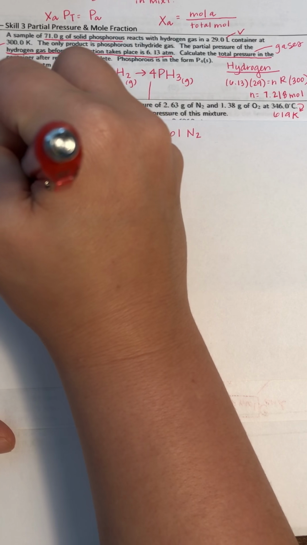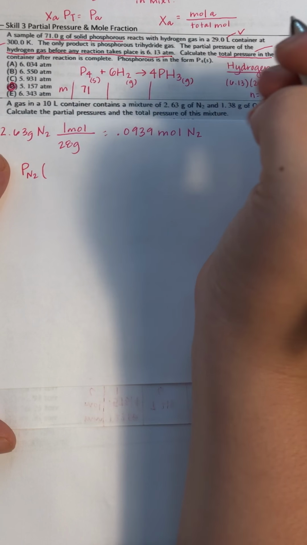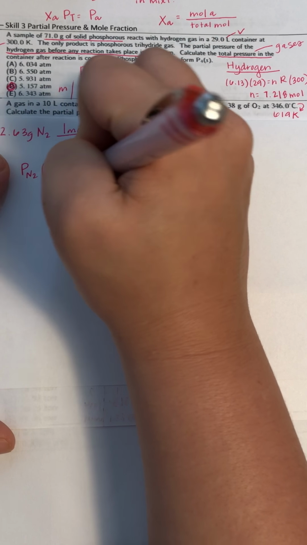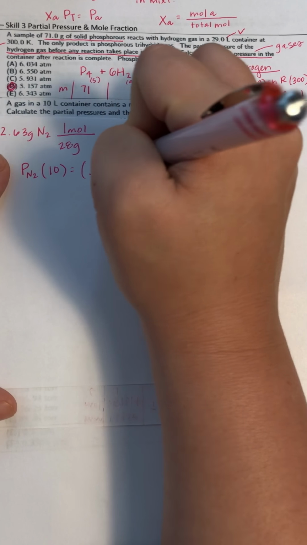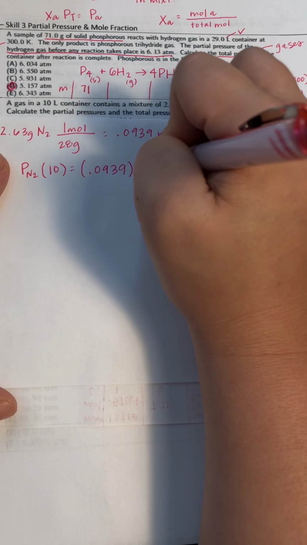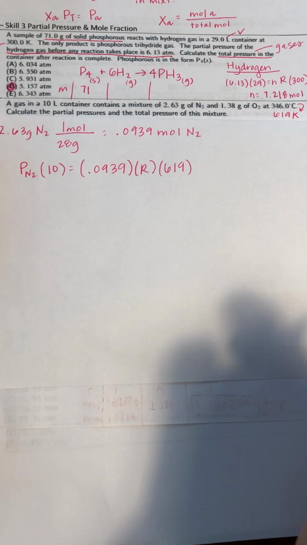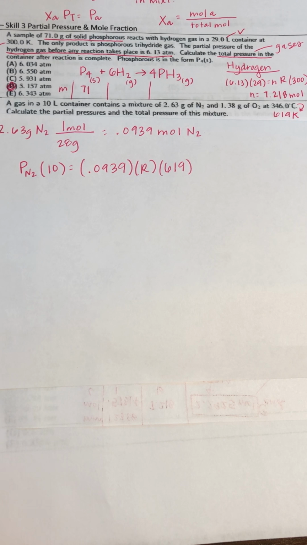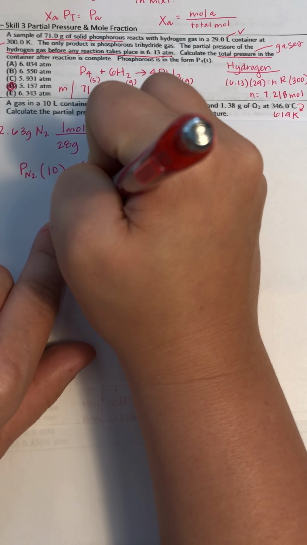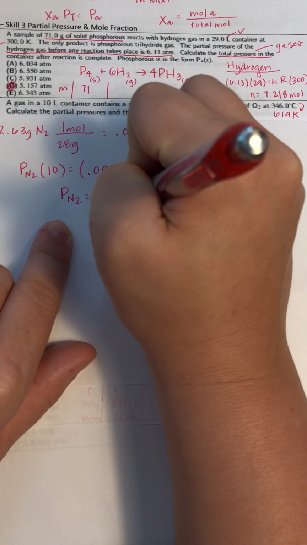So pressure of nitrogen times the volume, 10 liters, equals moles of nitrogen, R, and temperature. So pressure of nitrogen for me, 0.477 atm.